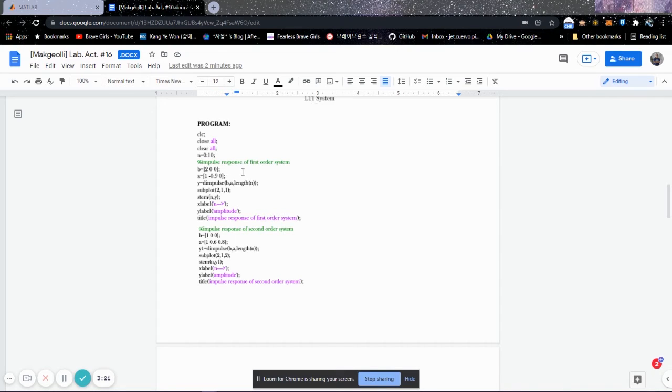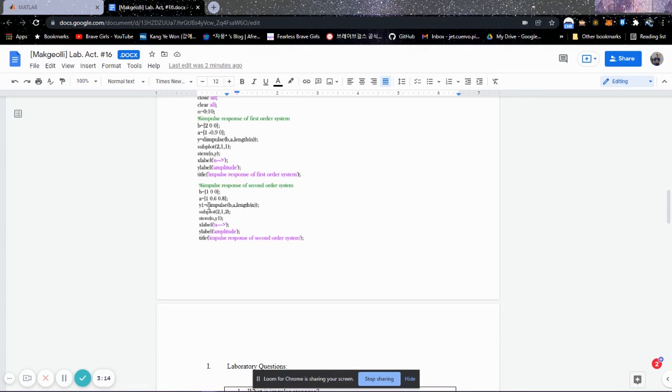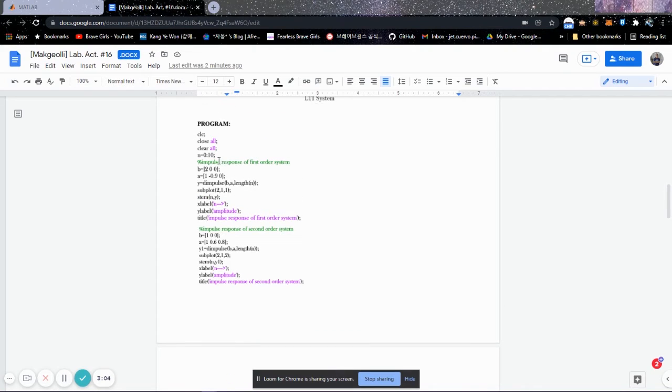For the first order system, b is 2 and a is 1, negative 0.9, and 0. And for the second order system, B is 1 and A is 1, 0.6, and 0.8. The n is constant at 0 to 10, 0 colon 10.